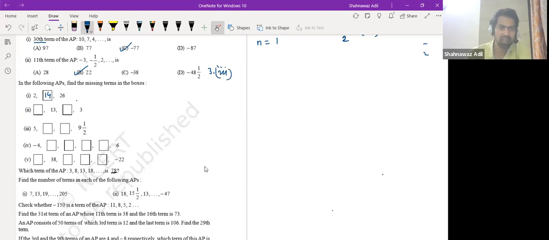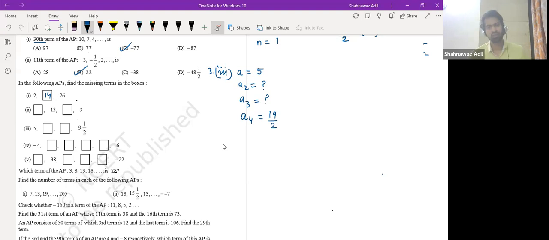Right. So what is given, Rifa? A is given, A2 is not given, and we have to find it out. A3 is also not given, and we have to find it out. A4 is given, which is 19 by 2, right? A we already know.